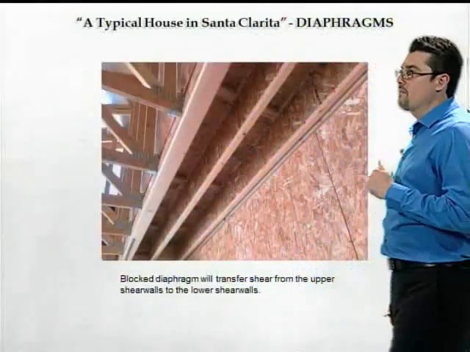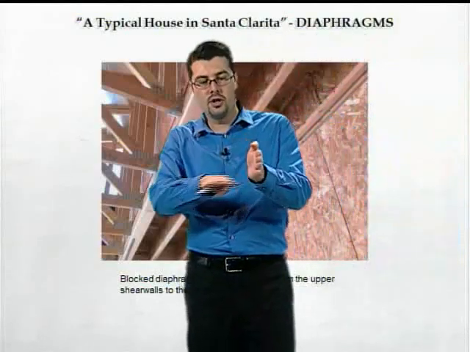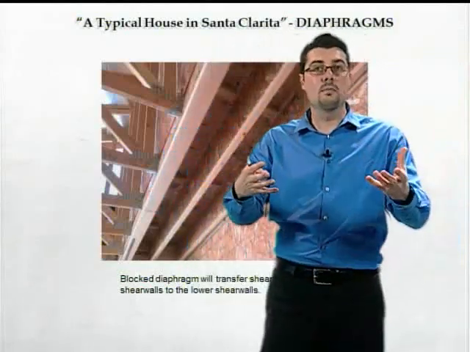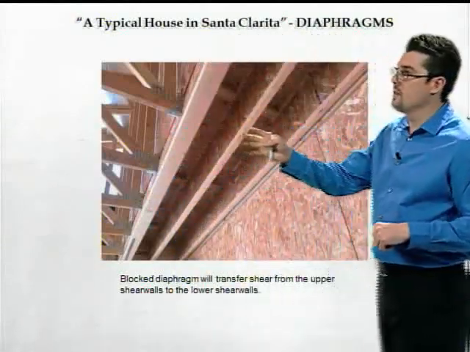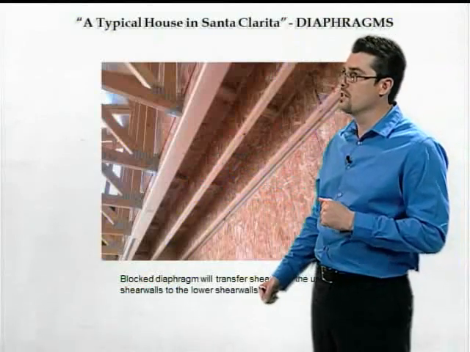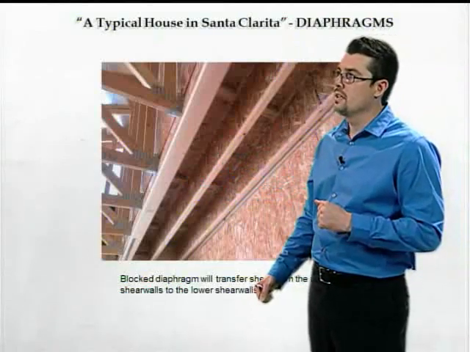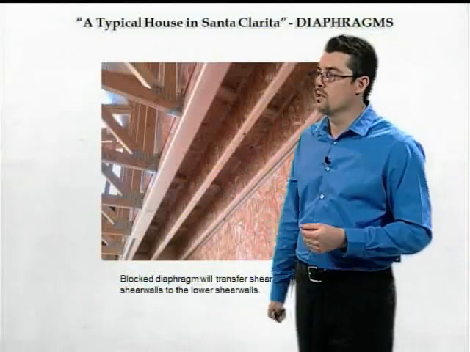Now, when the diaphragm transfers shear, that shear may be greater in some parts of the house or it may be lesser. Here's an example of a tract home in Santa Clarita, and I thought this was a good example to show exactly how a diaphragm works, a photo so we can really get a feeling for what's going on.